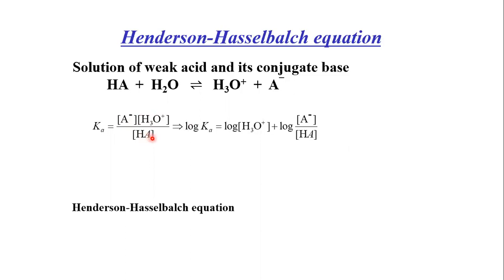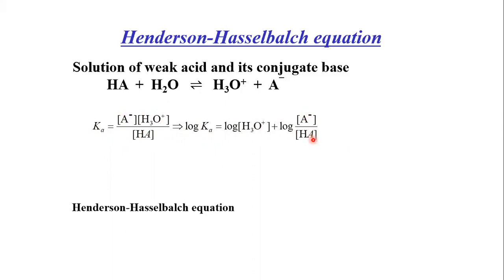Now let's do this type of derivatization here. Take the log of both sides of this equation. So this is going to be log of Ka equals log of H plus, but keep this coupled together. So log of H plus times A minus divided by HA. So I kept this together. Now, why did I do that?